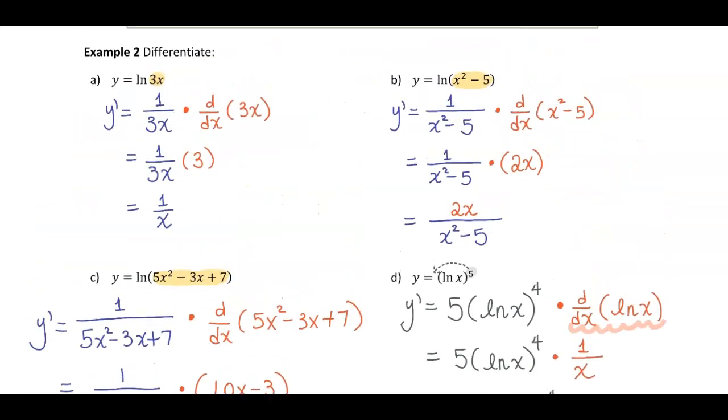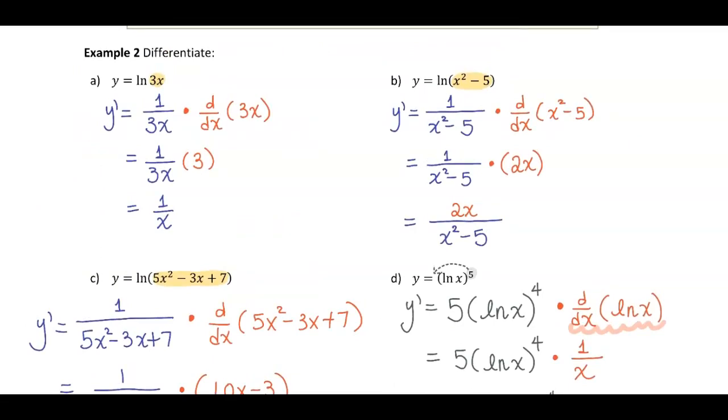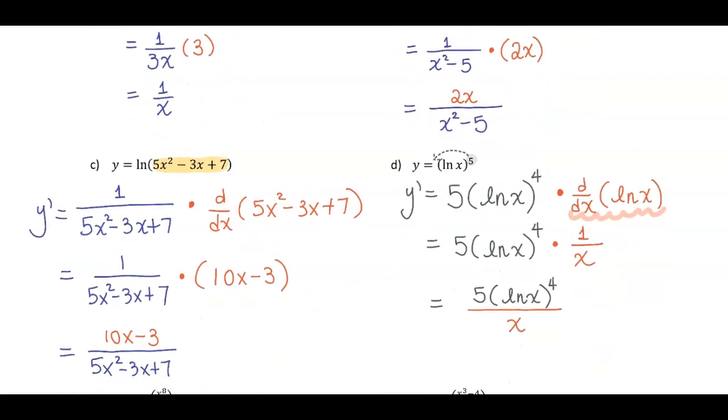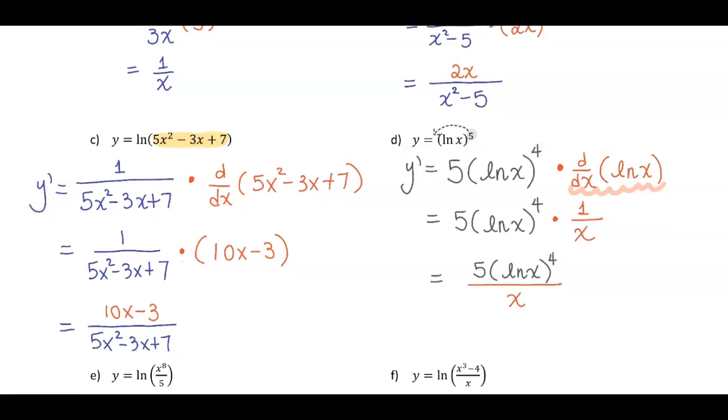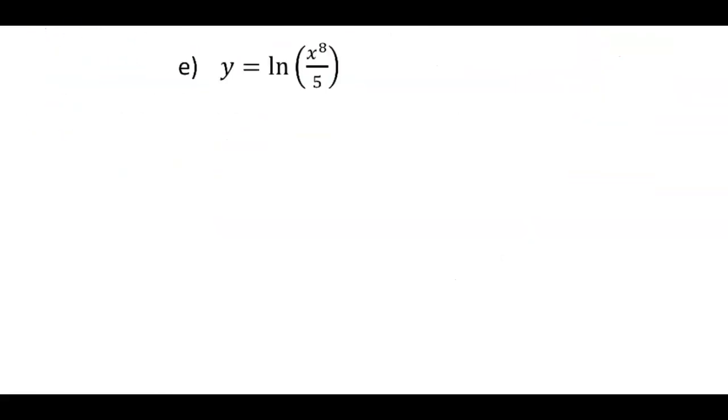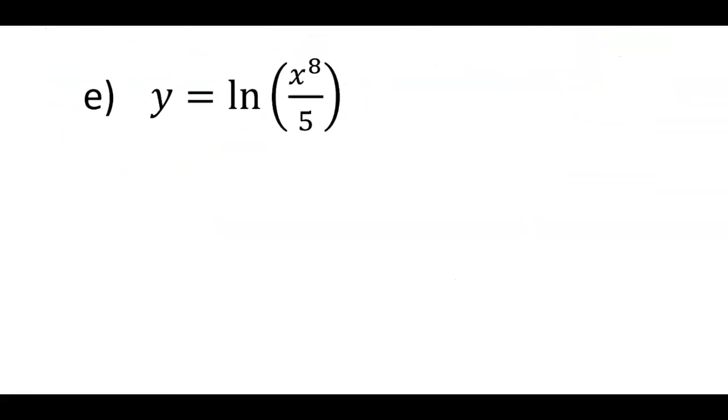Okay, now the next two are a little different. I will try to use some properties of logarithms. So for part E, right here, what I will do is, first I will rewrite this. You see, this is natural log of a quotient, right? X to the 8th power is getting divided by 5.